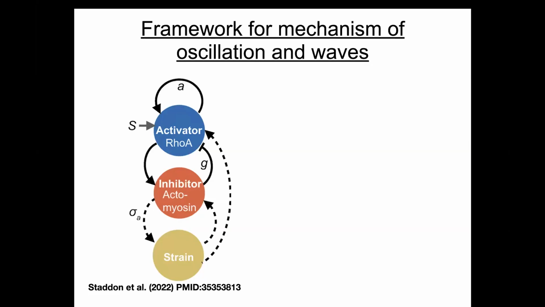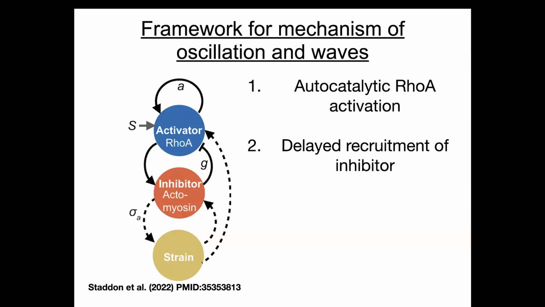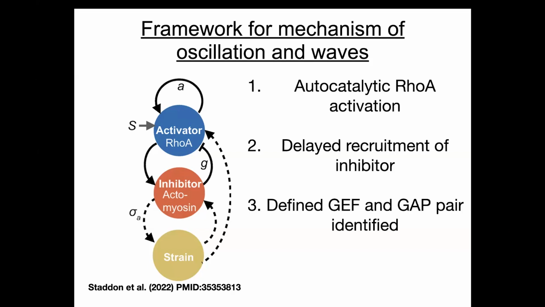But then this inhibition could also be influenced by strain or the mechanics of the contraction itself. And so this is a model that was nicely modeled in the Staddon paper from 2022. So you get this autocatalytic activation of Rho, delayed recruitment of an inhibitor, and there's been a defined GEF-GAP pair identified for this, and we extended that.